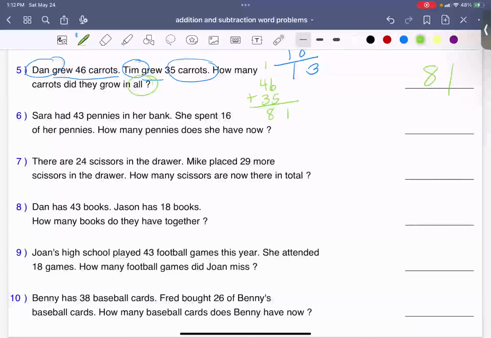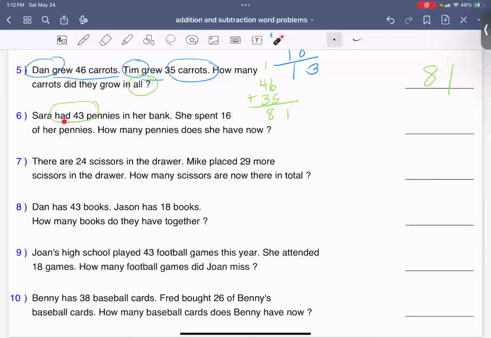Okay, let's look at number 6. Sarah has 43 pennies in the bank. She spent 16 of her pennies. How many pennies does she have now? So I see here that she had, that's a key word.